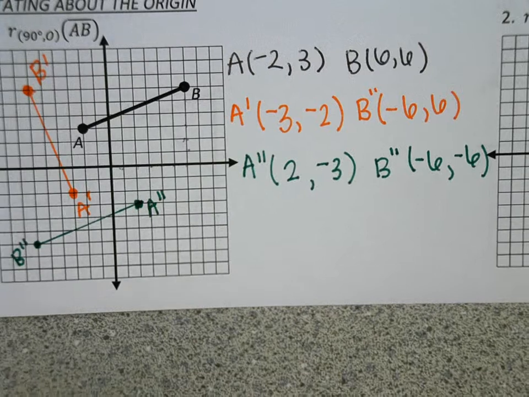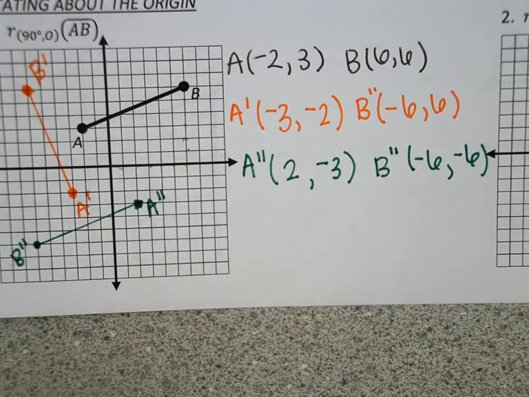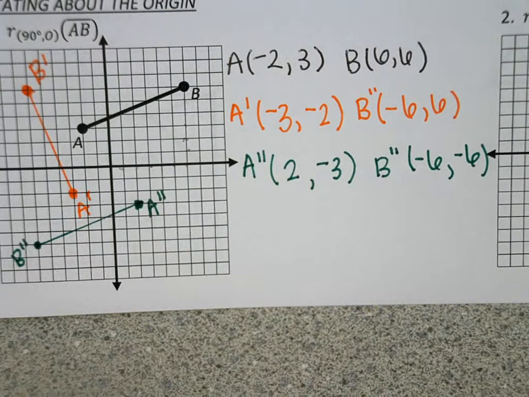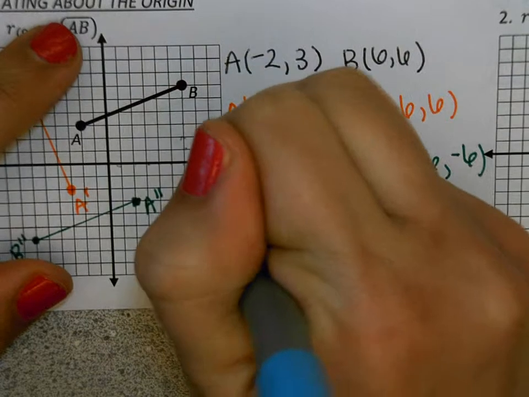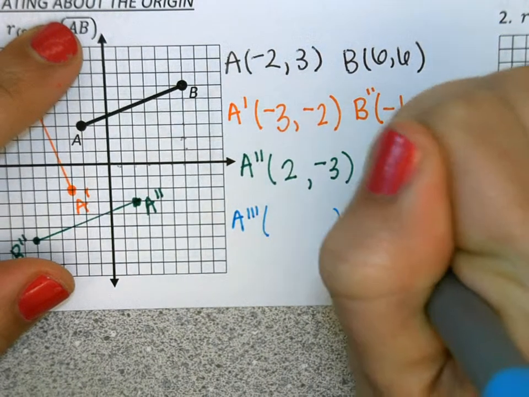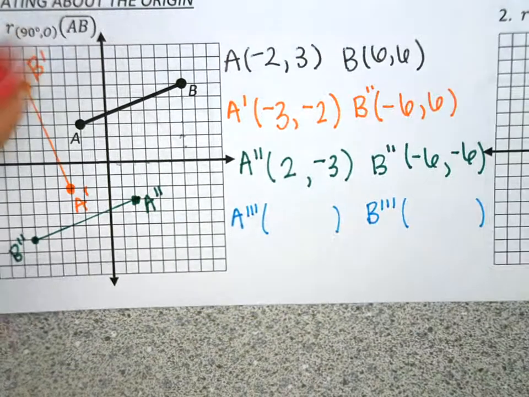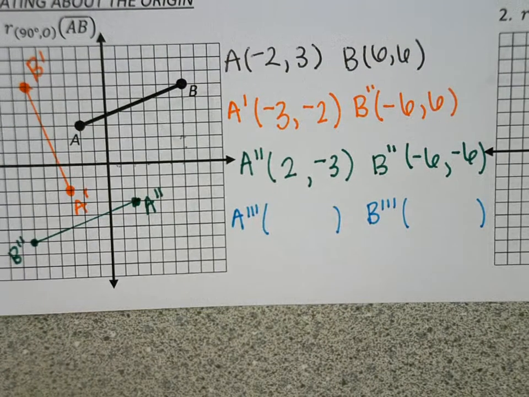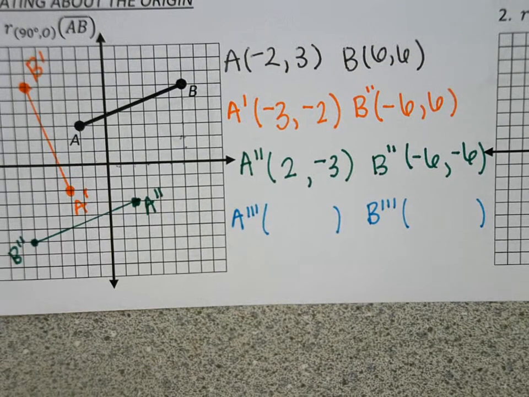So if we rotated 270 degrees, what do you think is going to happen? Okay. So here's what I want you to do. Find A and B triple prime for me without using your patty paper, using the pattern that we just noticed. So it will be 3, 2.